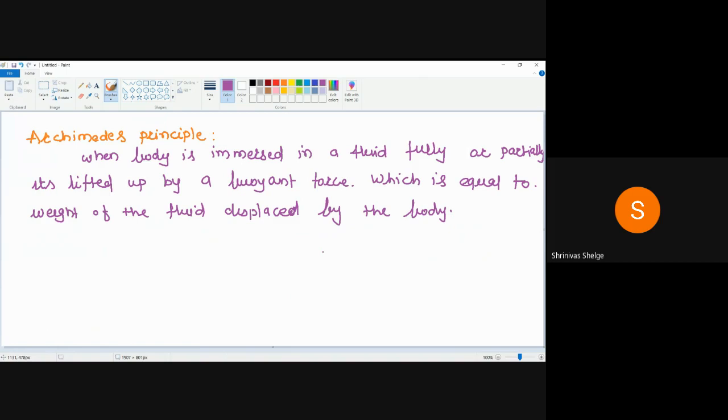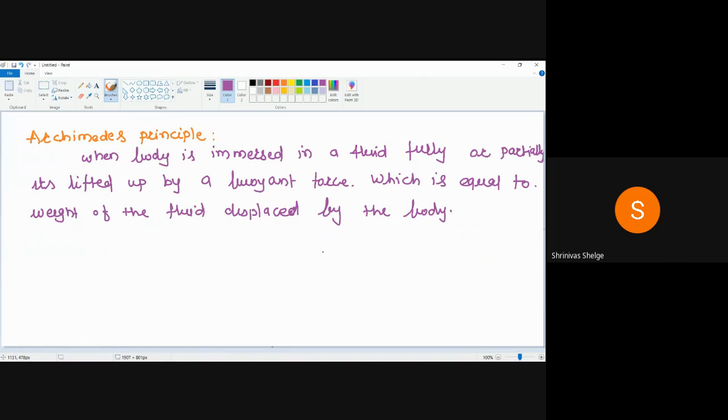So whenever a body is immersed in the fluid fully or partially, always it is lifted by a buoyant force, and that buoyant force is equal to the weight of the fluid displaced by the body. So whatever fluid is displaced by the body when we immerse it in the fluid, the weight of that fluid is nothing but the buoyant force.